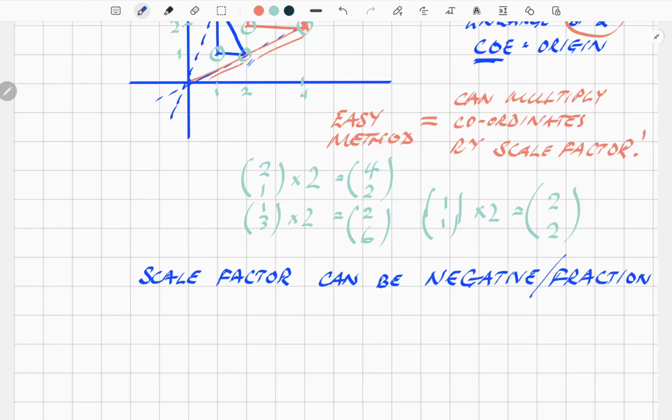Okay? Now, what does a negative mean? It'll be the opposite side of the center of enlargement.